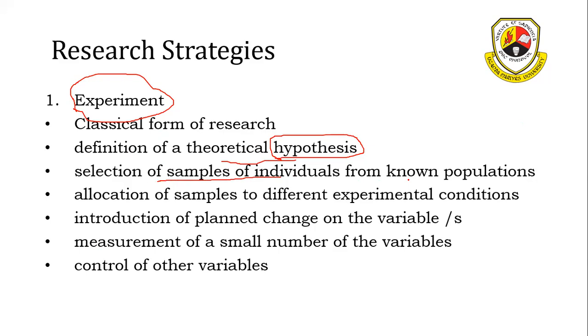So just to give you an example, if we were to look in the area of COVID-19, imagine the time when the scientists were trying to research on the virus. Sorry, on the, what do we call it? The vaccine.